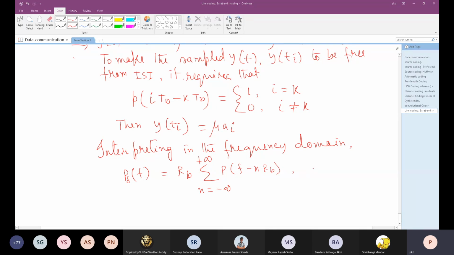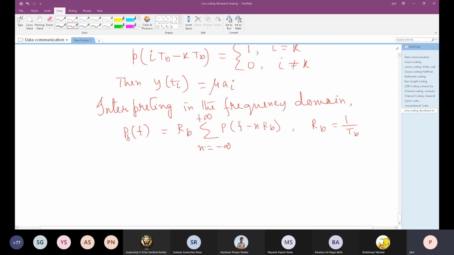Because RB is in the unit of inverse time, it can be directly interpreted in terms of frequency. Sorry, this is capital P(f).